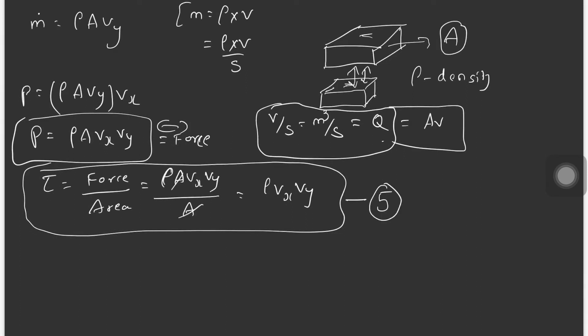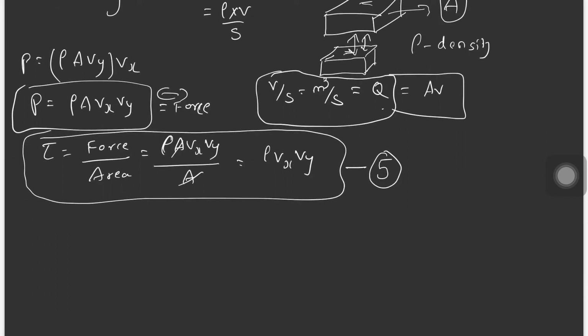Okay. Since this is an instantaneous value, we are applying an average value approach. We'll take an average value of shear stress and write the expression as rho Vx Vy bar. You can consider the bar or not, it's not going to impact your calculation, but for conceptual clarity we are applying this.